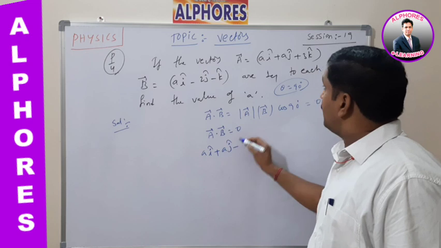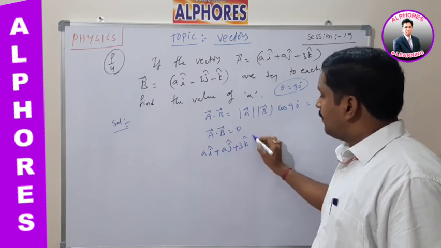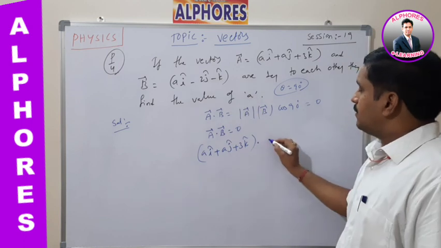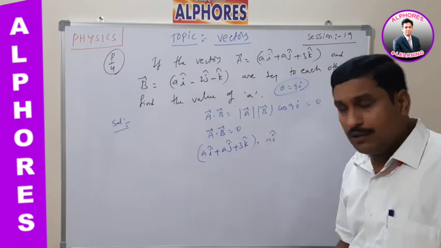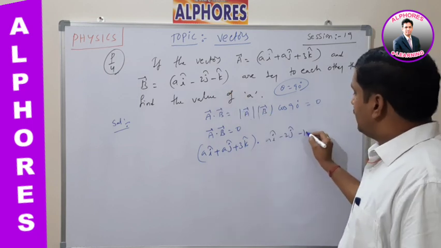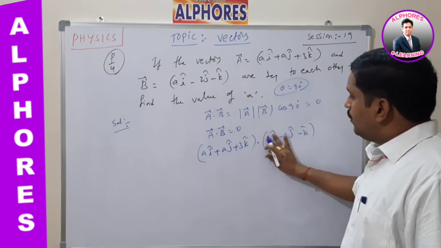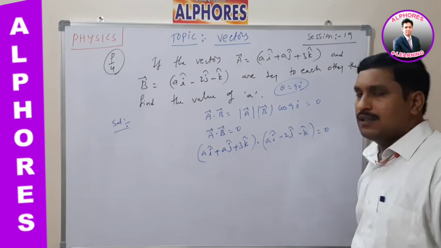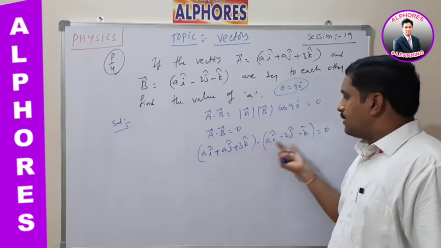Then we find the dot product of A I cap plus A J cap plus 3 K cap, dot B bar, which is A I cap minus 2 J cap minus K cap, and equate it to 0. That means A bar dot B bar is equal to 0.